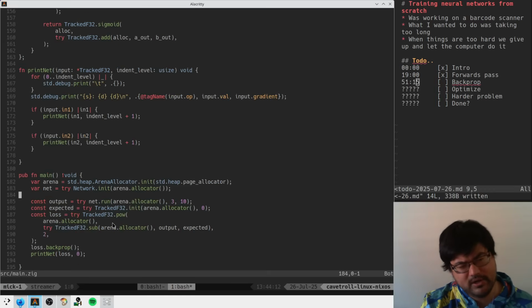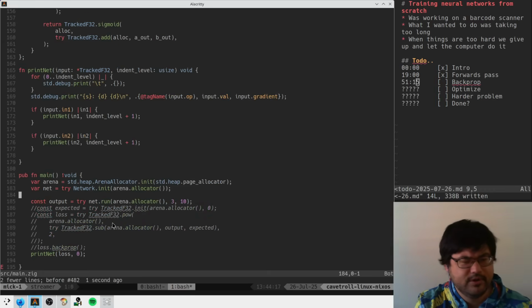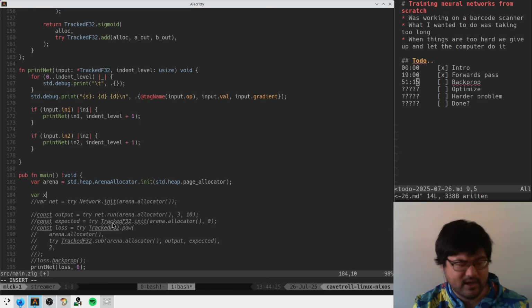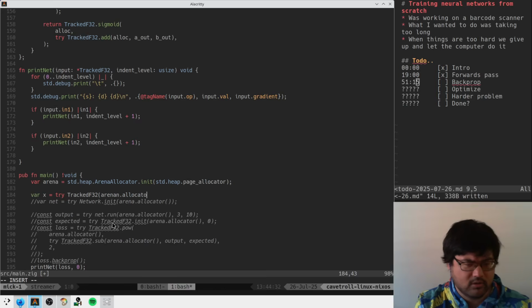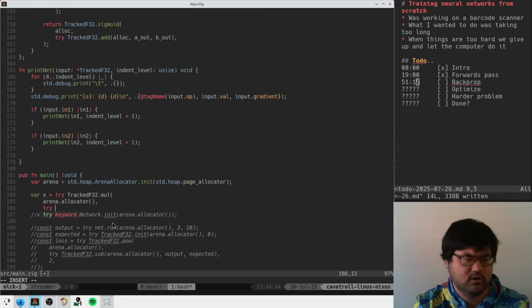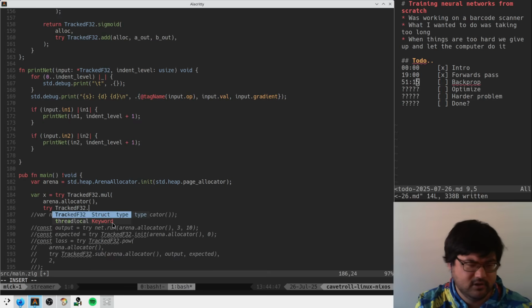I would like to work our way down, let's just do a more simple problem. Right? So can we say X is a tracked F32, and P is the result of a multiplication of two numbers.